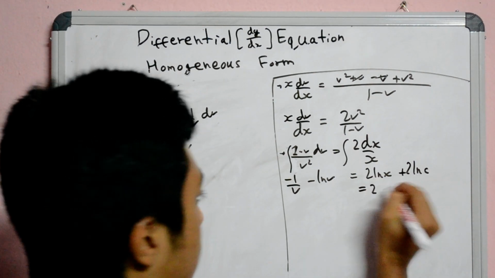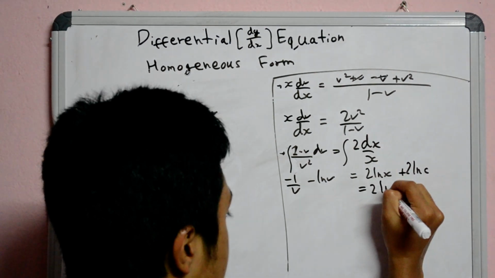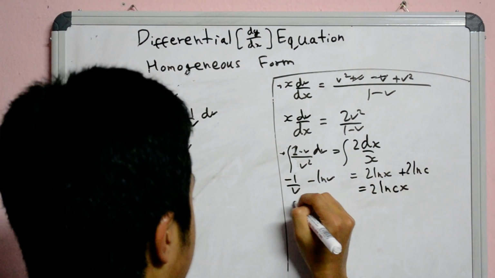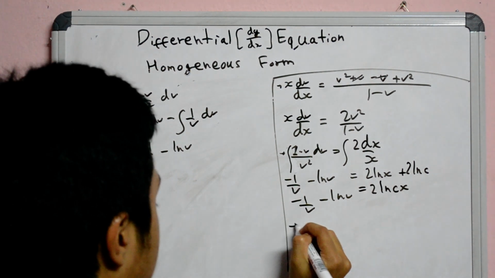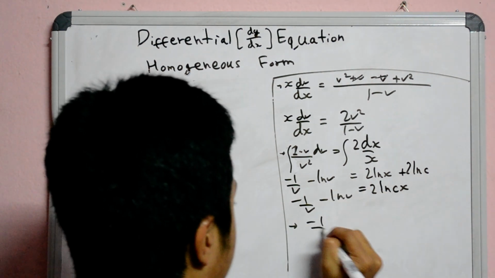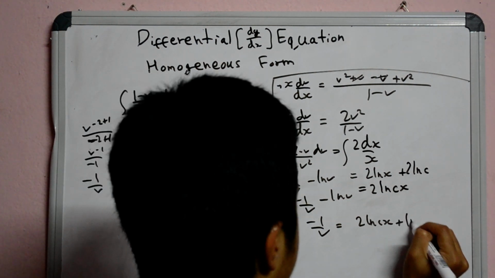So we'll get 2 ln x plus 2 ln c, and with the log property we get 2 ln cx, that is, 1 minus v minus ln v equals this. So this goes over here: 2 ln cx plus ln v.